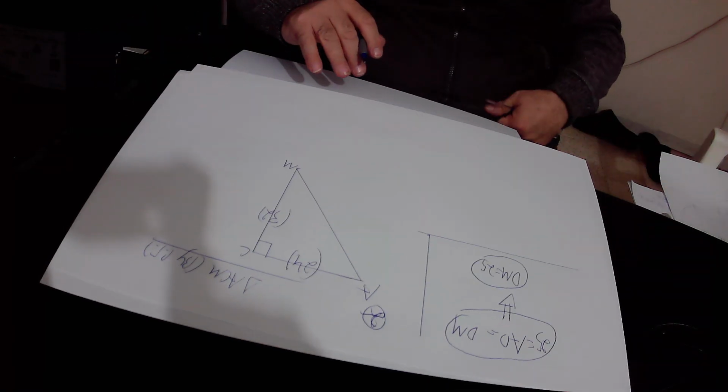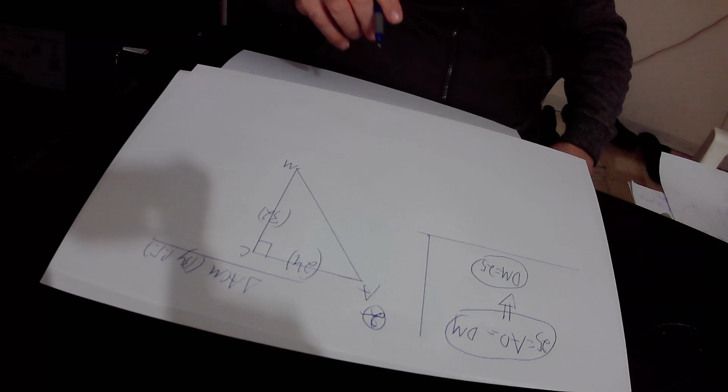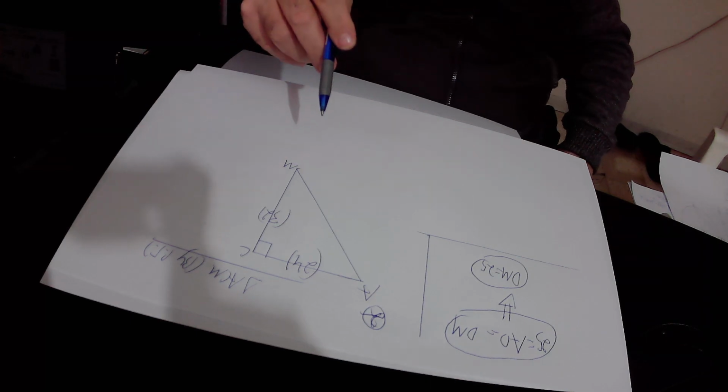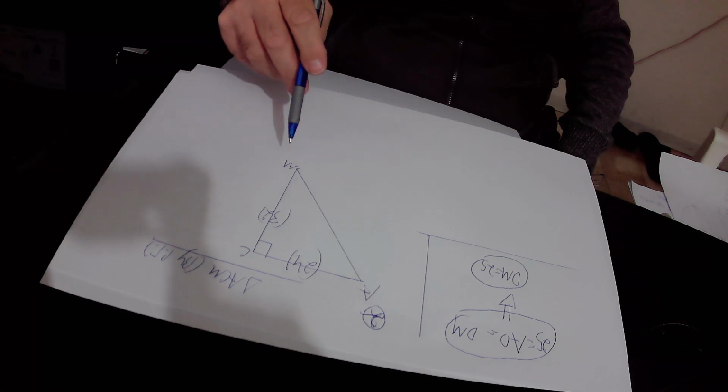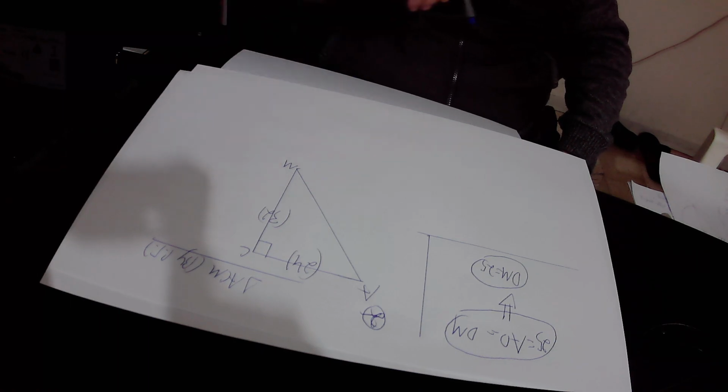So this is the right triangle ACM that I copied from the original drawing, and again, AC equals 24. We just found out that CM in total equals 32 units in its length.